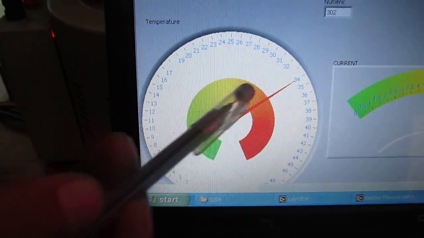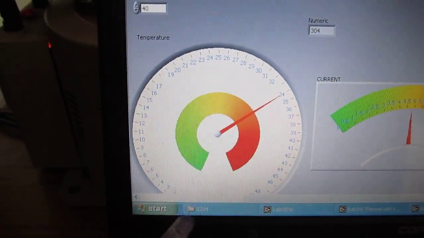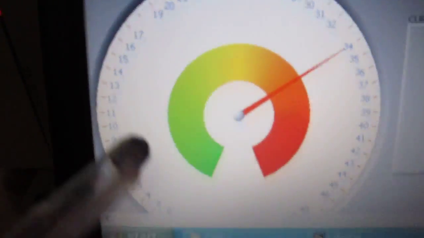Yes, now the temperature is 34. It takes some time for the winding to heat up.